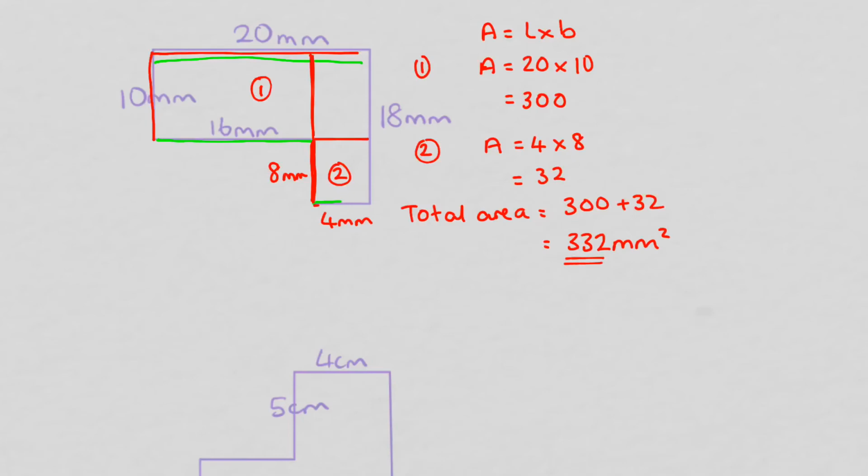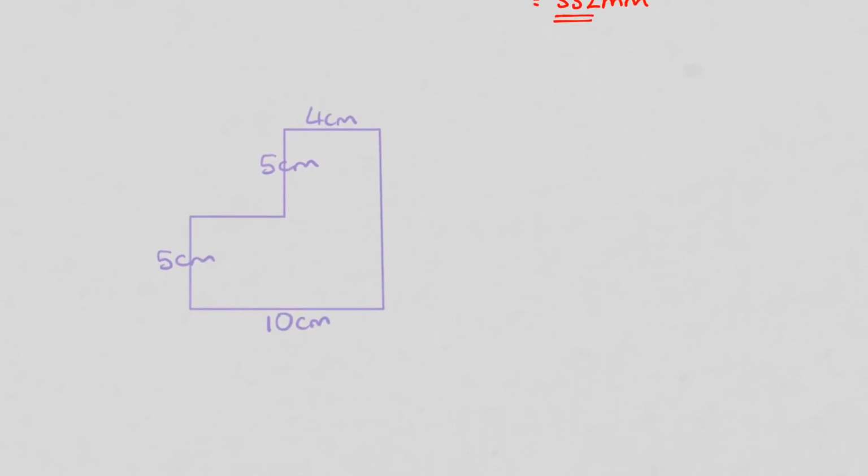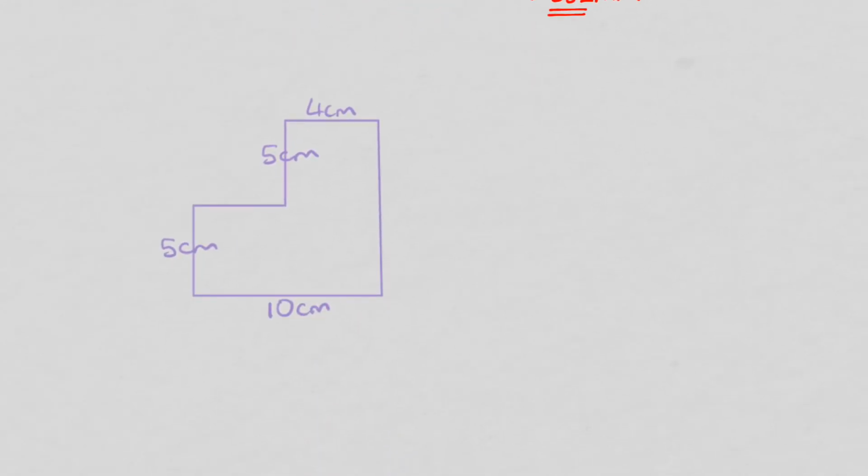Okay, so to recap there, get rid of all these scribbles. What we did was split that into 2 rectangles, and we worked out the area of each and then added them together.